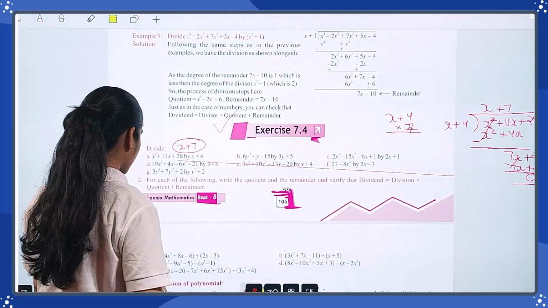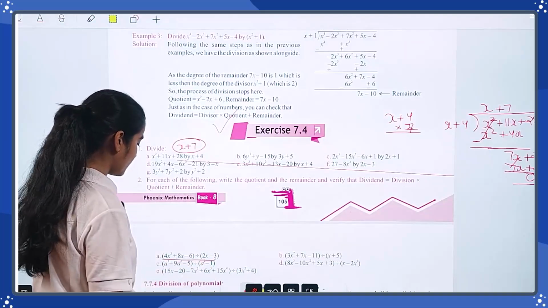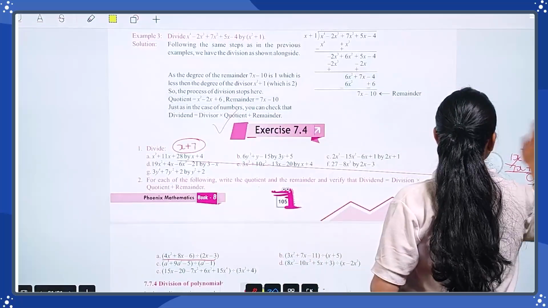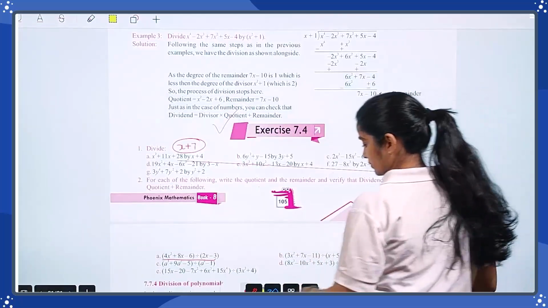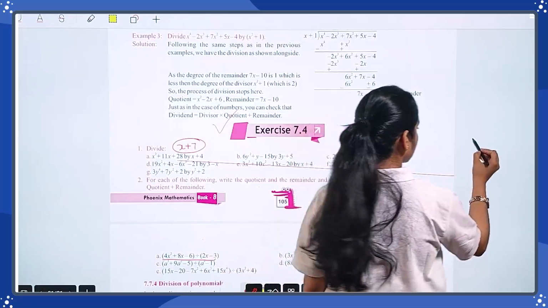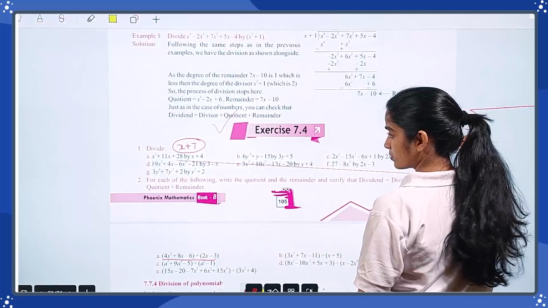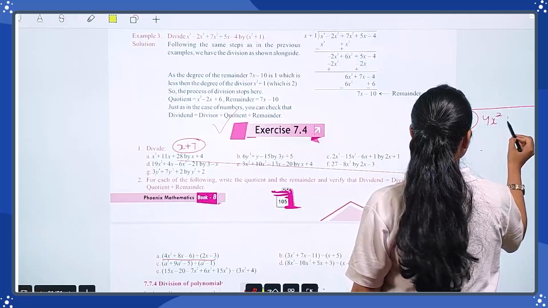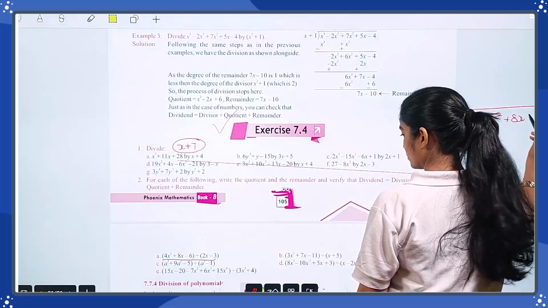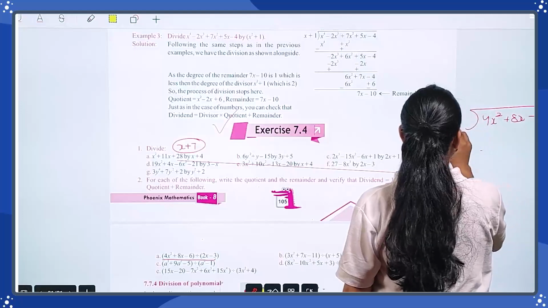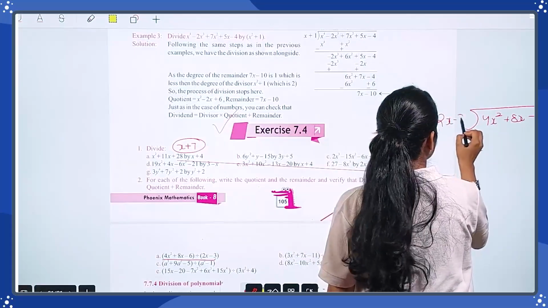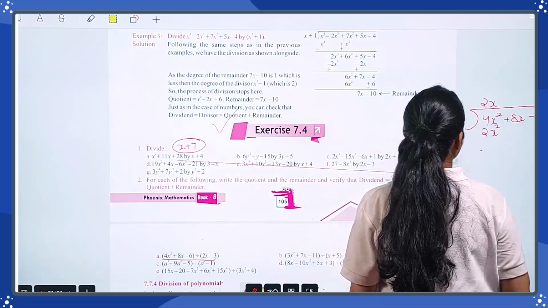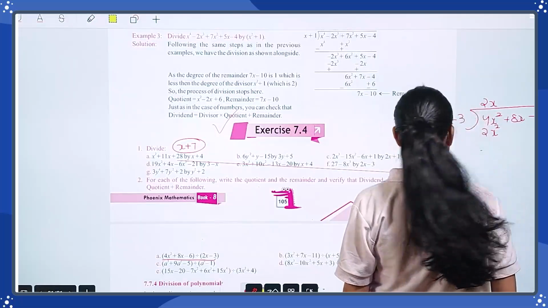Okay. Now next we take this question. First we take 2x, so 2x square and minus 6 here.